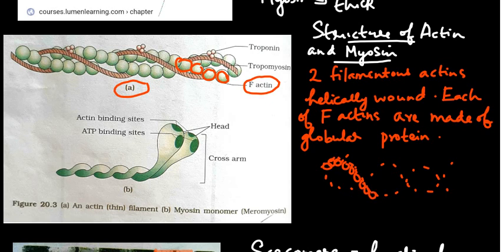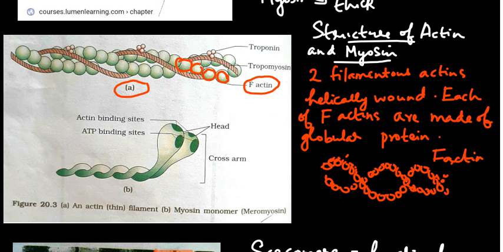Like that, two threads will be there for every actin. So these threads are called F actin.